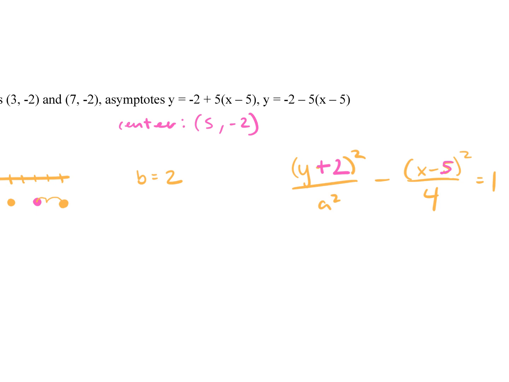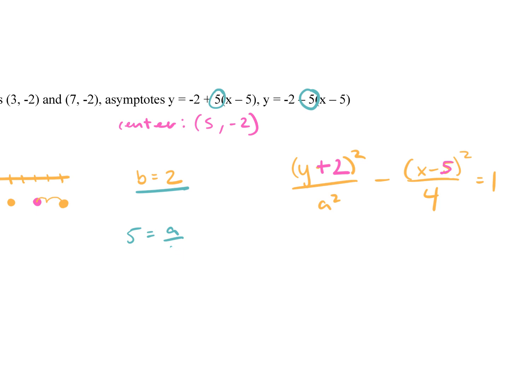So we're going to use our asymptotes. Our slope helps us find what a is. So our slope is 5. When we have a vertical hyperbola or vertical transverse axis, is it a over b or b over a? A over b. So 5 is equal to a over b. And what did we say b is? 2.